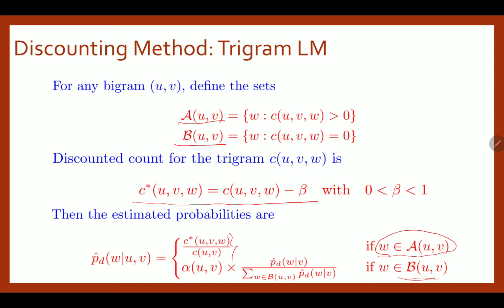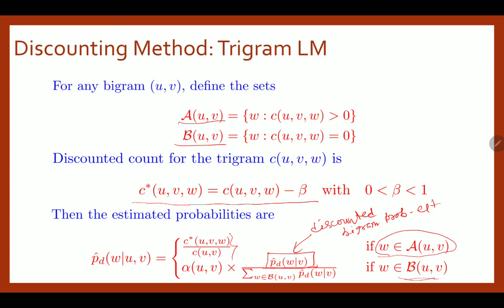Now, you should notice here that the bigram one is the discounted bigram probability estimate.